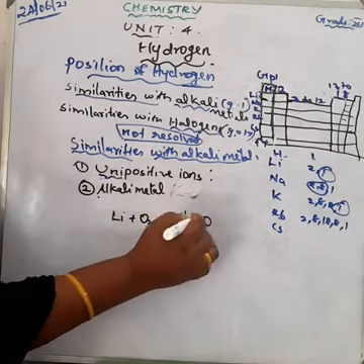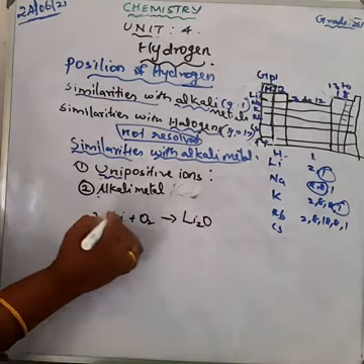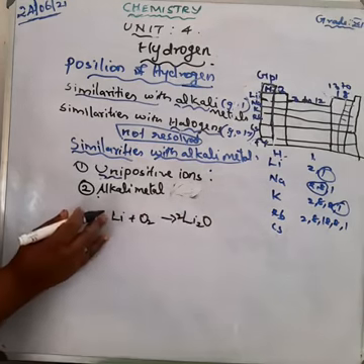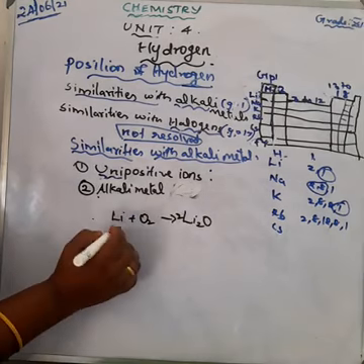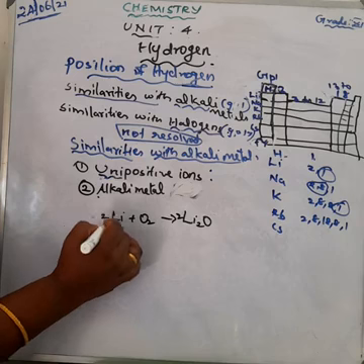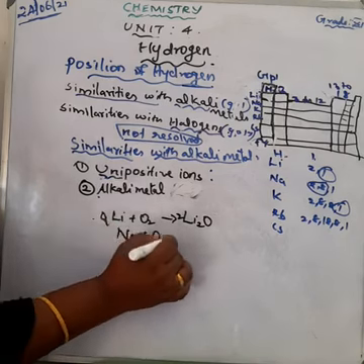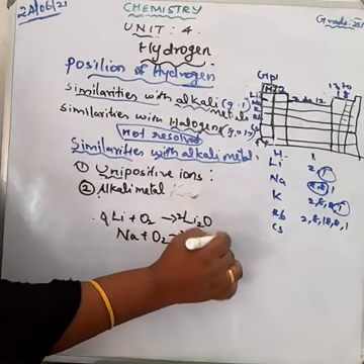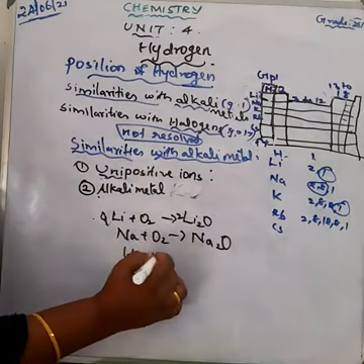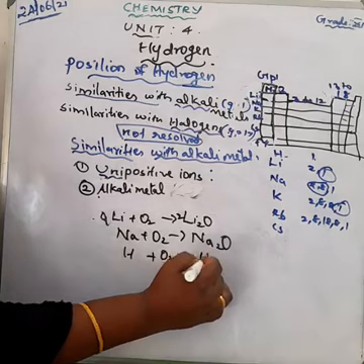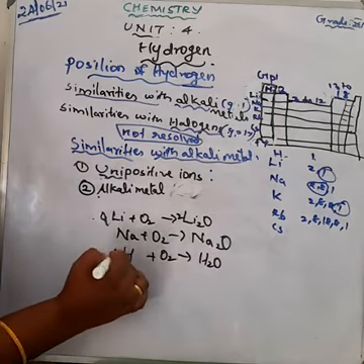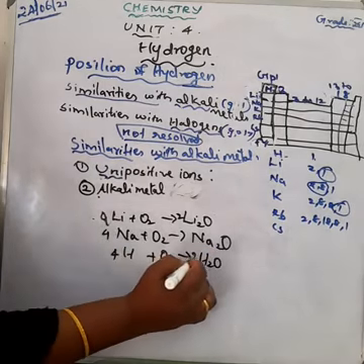Like that, sodium combines with oxygen to form sodium oxide. Like that, hydrogen combines with oxygen to form hydrogen oxide. We call this water. So this is the second similarity.